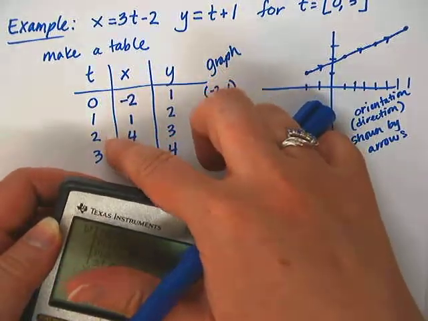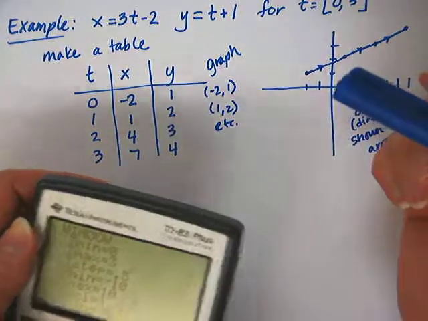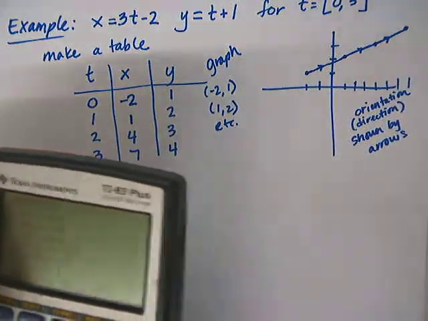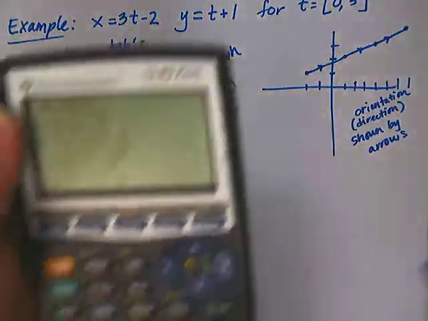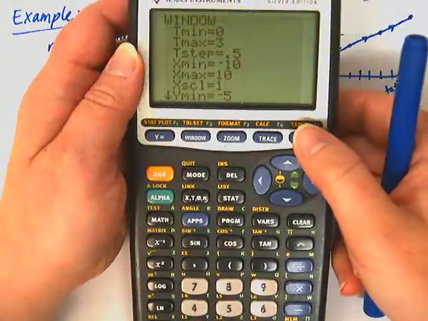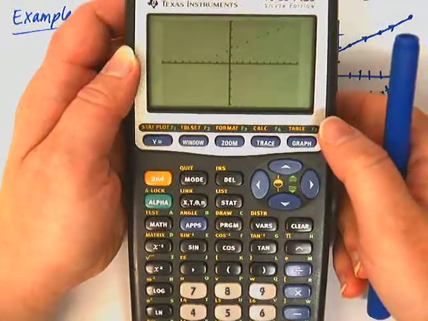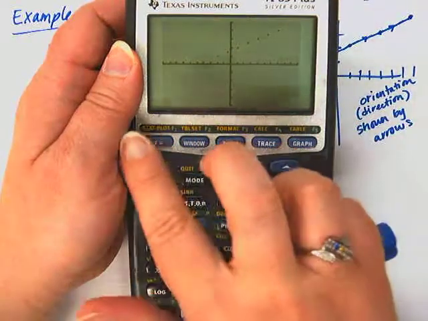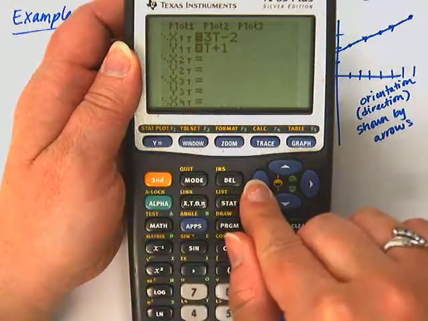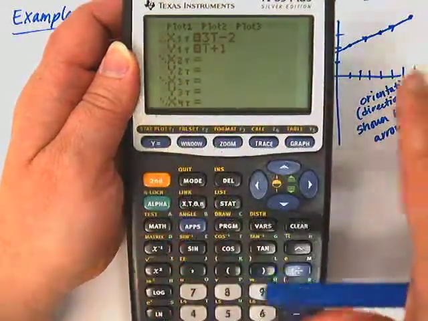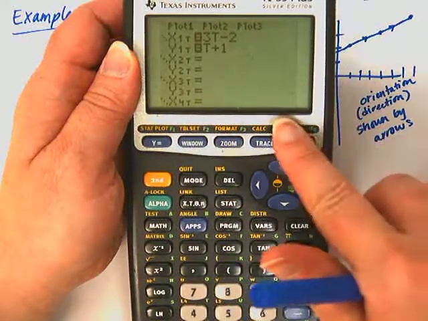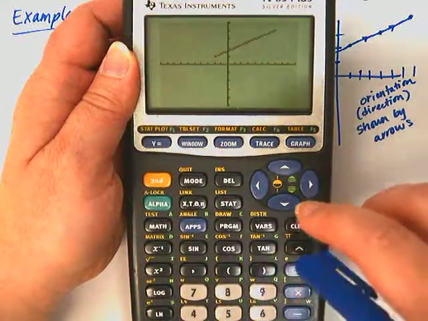T-step, you can do 1. I did 0.5. What that means is it'll put a point every 0.5 for t. Like, you know how we did 4 points because we did 0, 1, 2, and 3? That means your calculator will do 0, 0.5, 1, 1.5, 2, 2.5, and then 3. So that's how often the calculator will calculate the values to graph it for you.